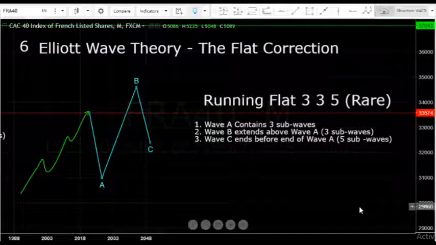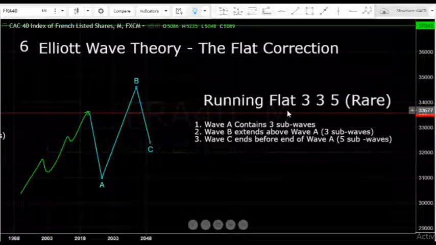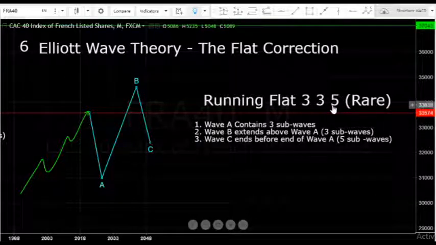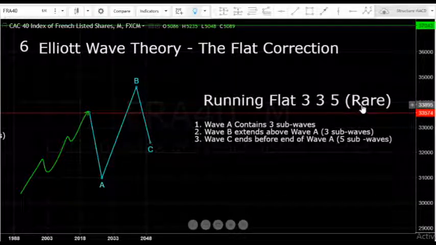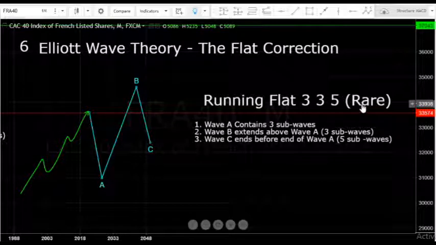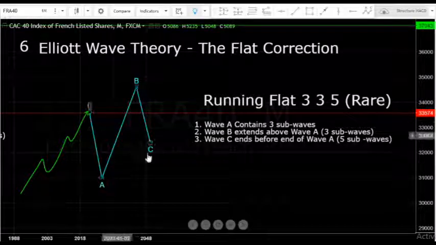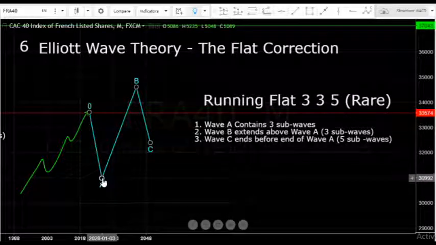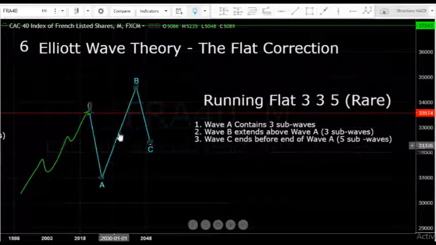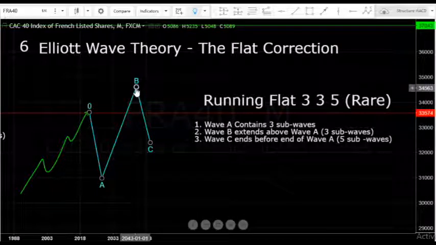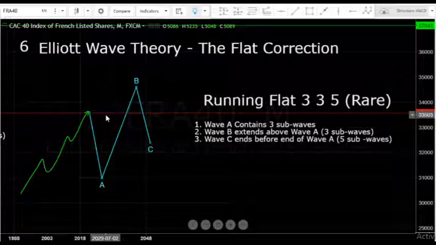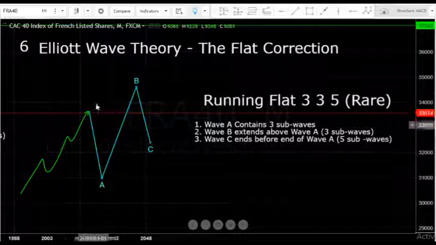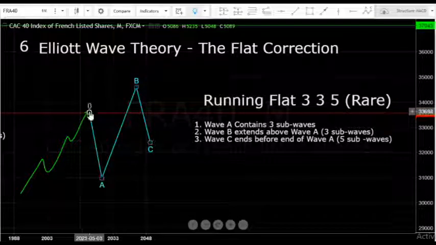Our final flat correction that we're going to look at today is a running flat. Yet again, it's 3, 3, 5, and this is rare. You'll not find a lot of these. But here's the structure of it. We have our 3 wave A coming down. We have a 3 wave B extending beyond the start of A, the apex of our impulse.